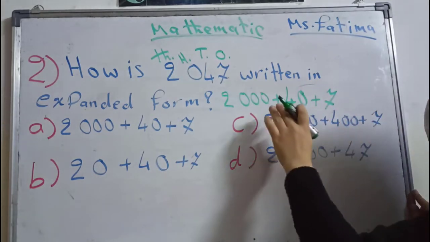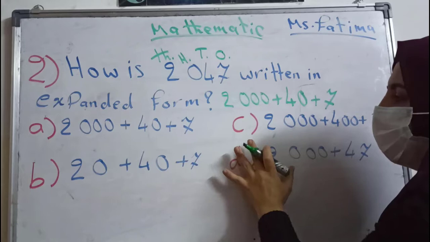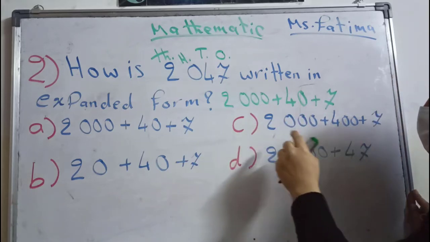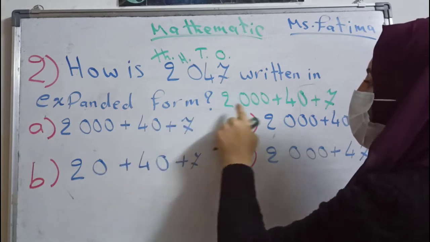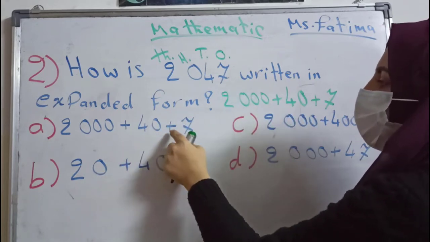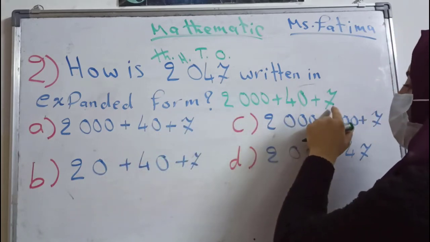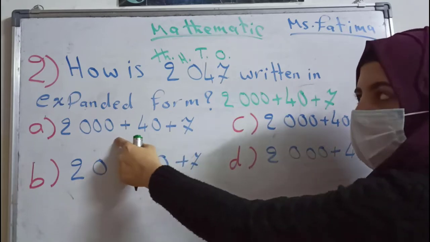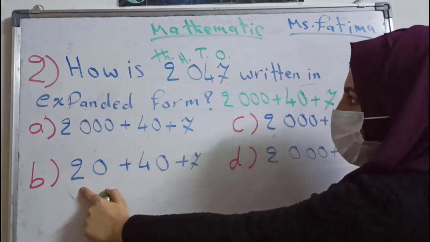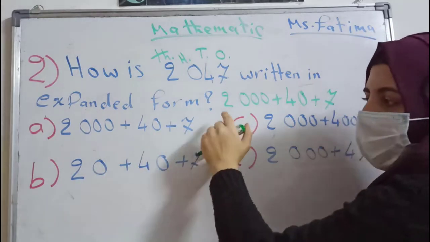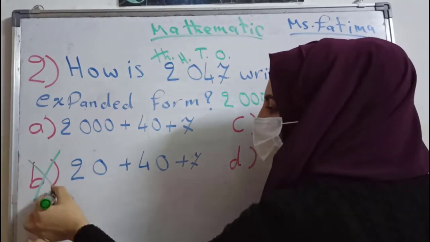Then let's compare between this answer and those. Which one is like this? In A we have 2000 plus 40 plus 7. Then A is like this. Let's see the other answers. We have 20 in B, but here we have 2000, so B is not true.